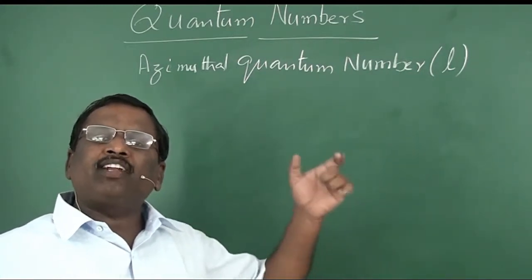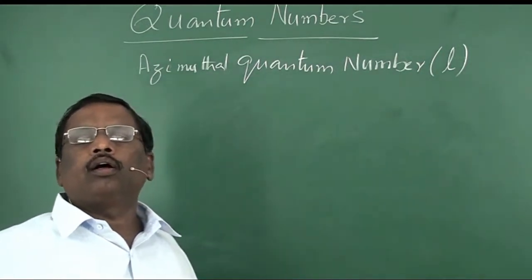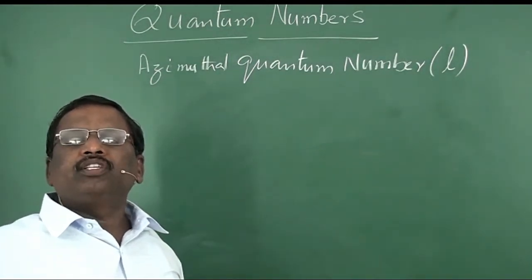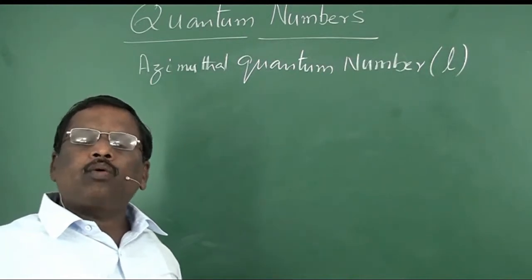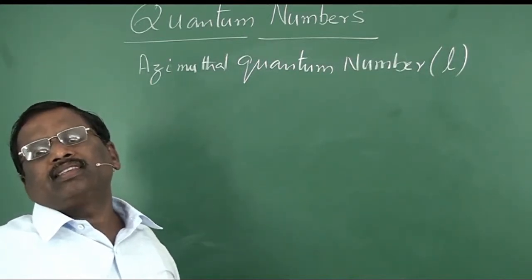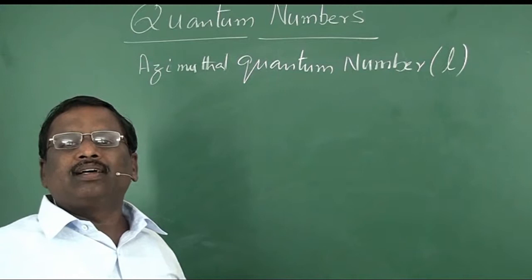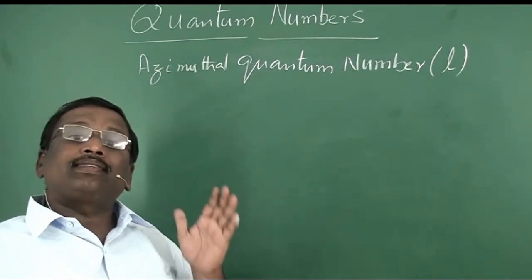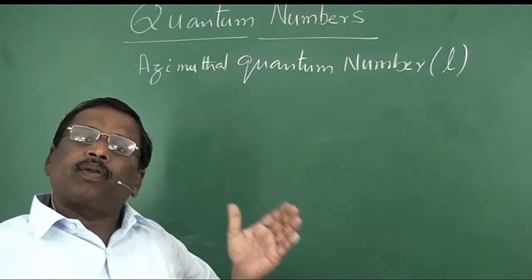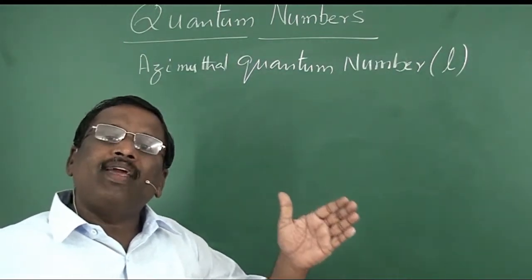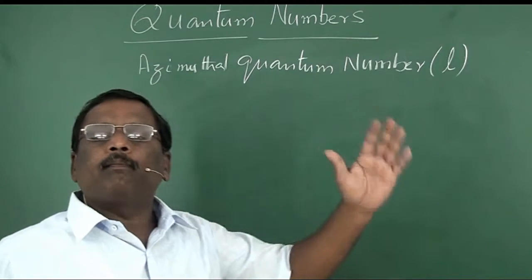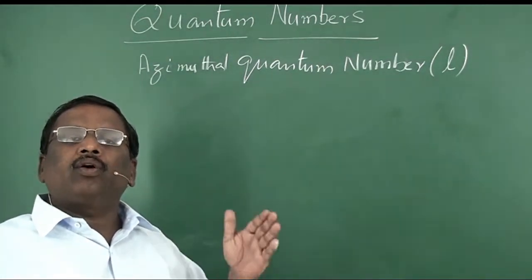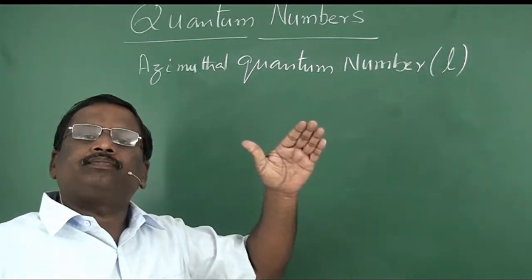So to explain the fine lines of the spectra, Sommerfeld proposed this quantum number, which is known as the azimuthal quantum number. This azimuthal quantum number gives us the information regarding the sub-energy levels present in each main energy level. Bohr concentrated only on main energy levels.